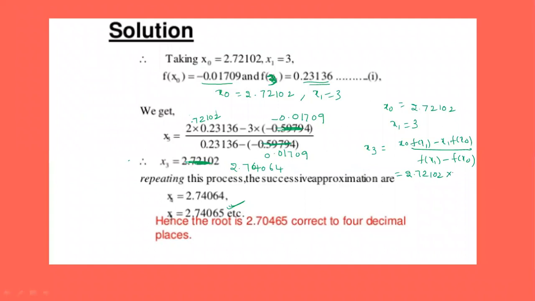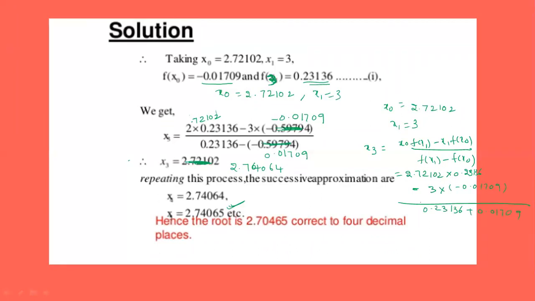Your f of x1 is 0.23136 minus your x1 is 3 and your f of x naught is minus 0.01709 by your f of x1 is 0.23136, and this is plus 0.01709.